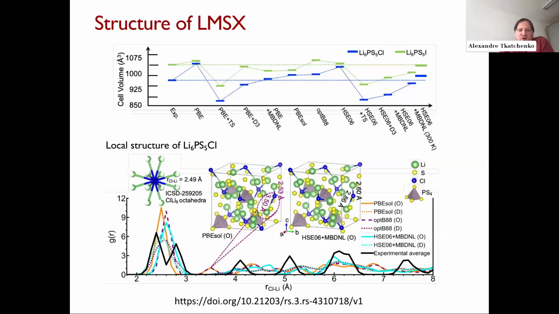So the phonon modes change qualitatively depending on which treatment of dispersion interactions you have, and we have some arguments in the paper why the NBDNL phonons agree better with what is experimentally observed in the systems. But I think the next step would be to try to train machine learning potentials on this data and actually simulate dynamics and observe the actual lithium migration. And this would be the next thing to do in this system.